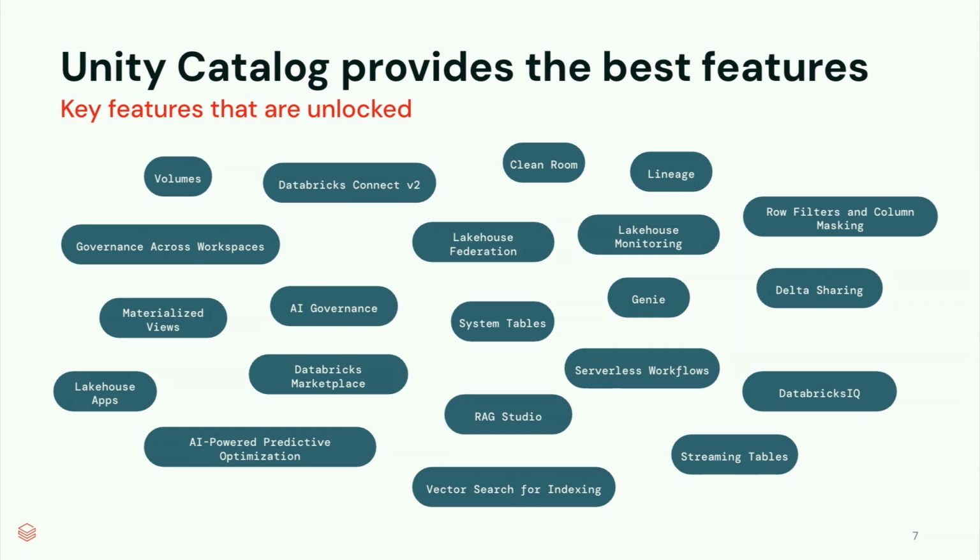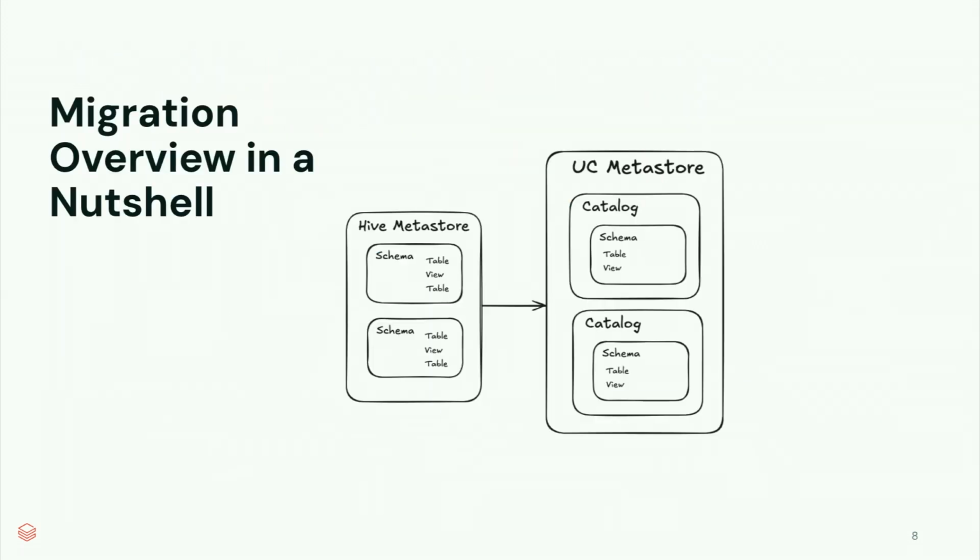So that's now available, which basically means if you want to take advantage of Unity Catalog, you need to move to Unity Catalog. Everything around system tables, being able to do data sharing, in-place sharing, having AI governance capabilities, having lineage tracking, all of that requires Unity Catalog. So obviously, we need to do that, right?